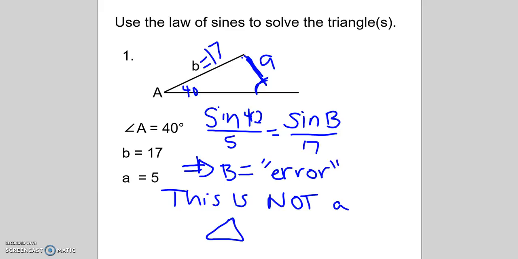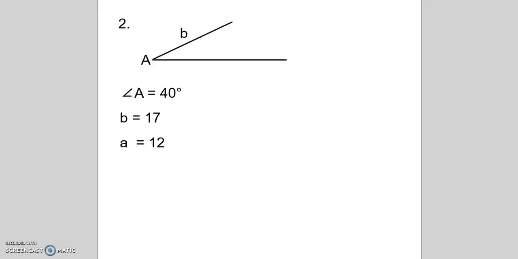Okay, so those ones are pretty easy, but let's look at this next example. So this one again, we have that this angle is 40, and we have B is 17 again, but instead of A being 5, we have A equaling 12. So let's first solve for angle B, just like we did last time.